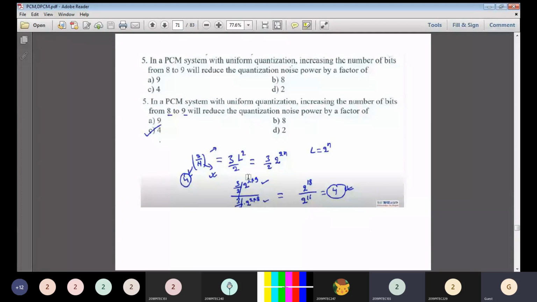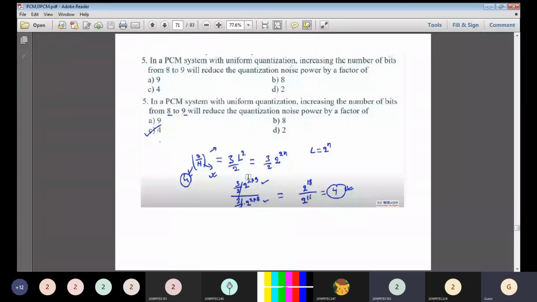As we know, the formula for signal to noise ratio is S by N equal to 3 by 2 into L square. What is the formula for L? L equals 2 power of n, right? The value of n is increased from 8 to 9, the number of bits.